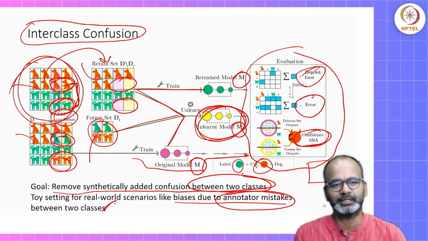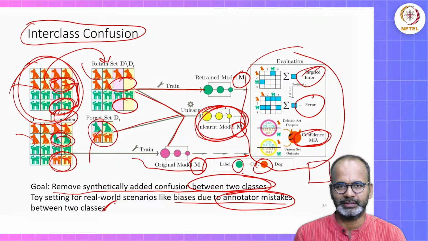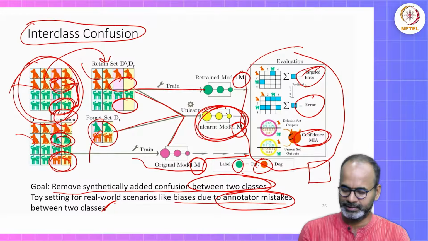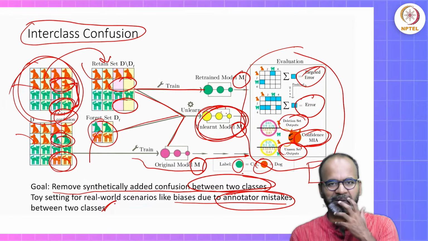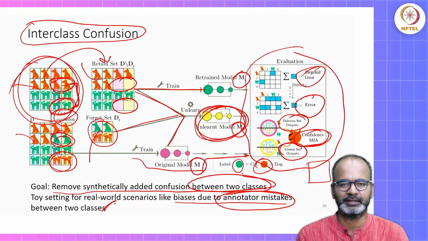You want to understand the confidence of the membership inference attack by checking the output from these unlearned models. So from here, you're checking this deletion set output and then the unseen set output. You want to check it against the membership inference attack and make sure that it is forgotten.